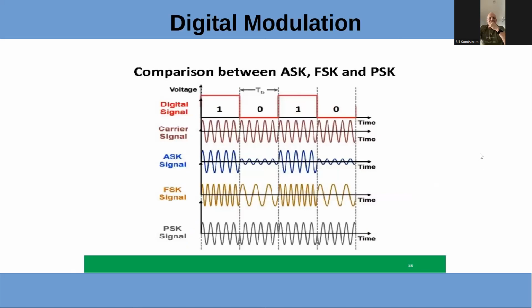Let's see, this is comparing. Ooh, what's ASK? It looks like I changed the amplitude right now. Okay. I'm not familiar with that one. It's not my chart. So we have a digital pattern up here, 1010, and the carrier. So for amplitude shift keying, we're either increasing the amplitude or decreasing it.